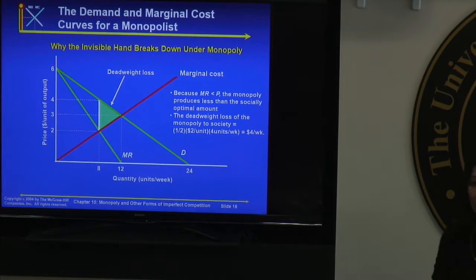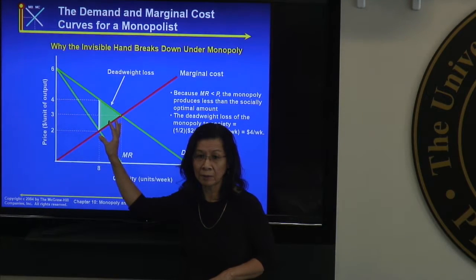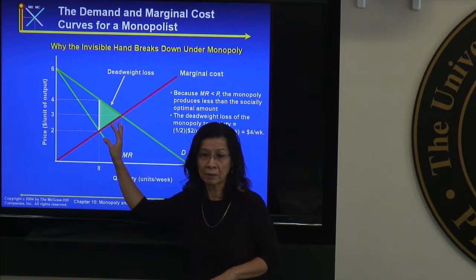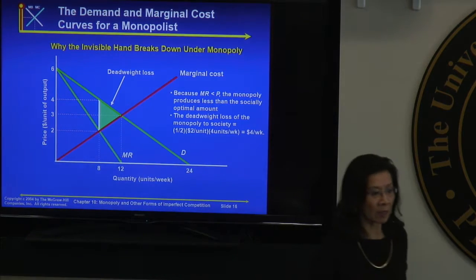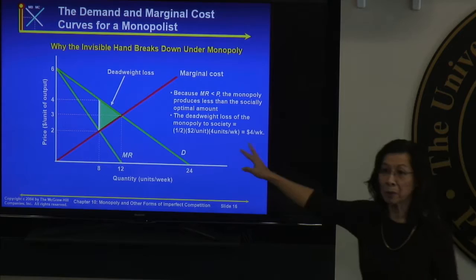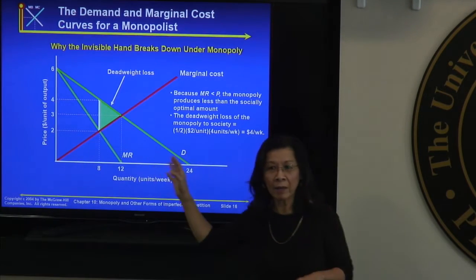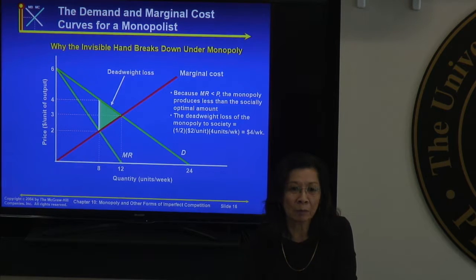So there's your deadweight loss, what I just said earlier. That's our bad triangle. Everybody see that? I hope you're taking notes. This is sort of important. Monopoly is very important. Deadweight loss is something we don't want to see. The big picture here is monopoly is considered inefficient.